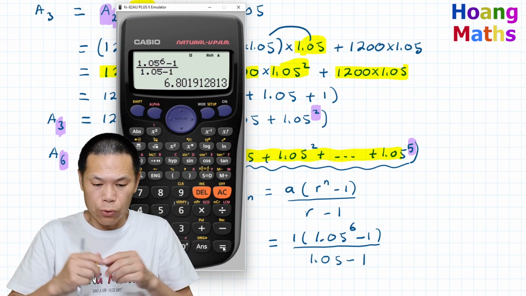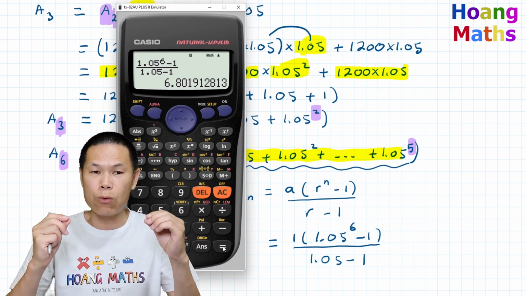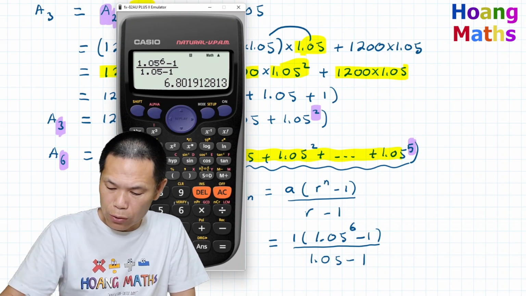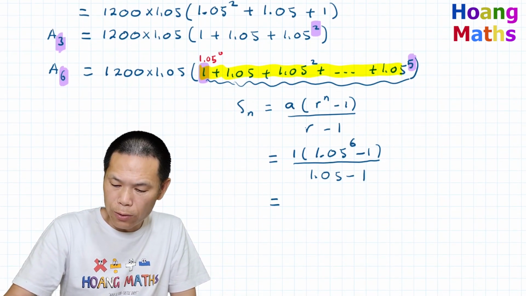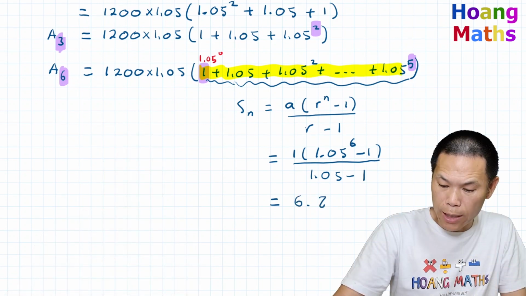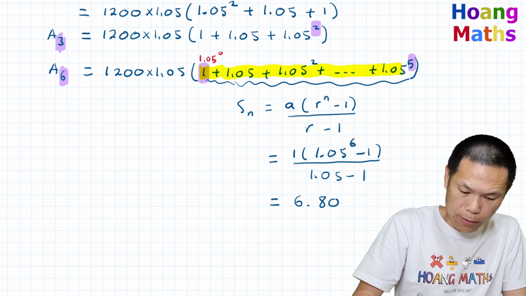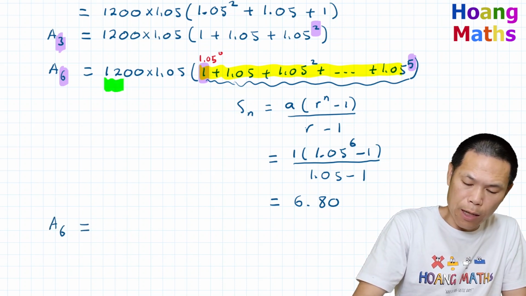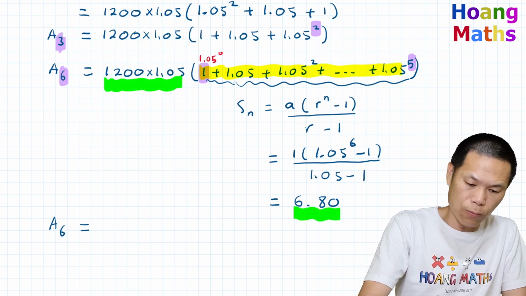Let me just write down to 2 decimal places, because I'm going to use this number later on anyway, so I can use the number from the calculator. So that is equal to 6.80. So now therefore A6 is equal to this number times 6.80.